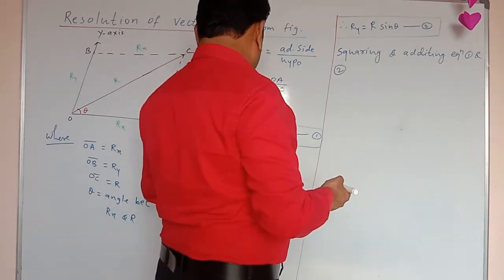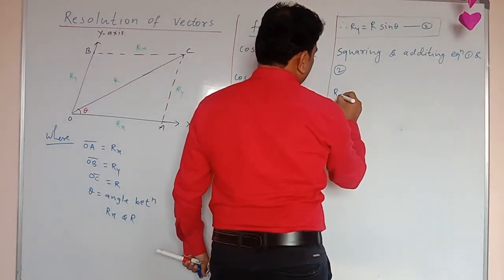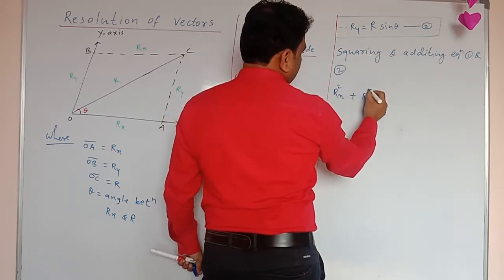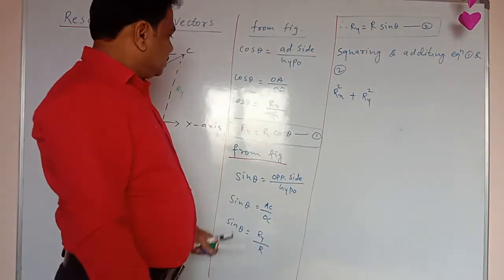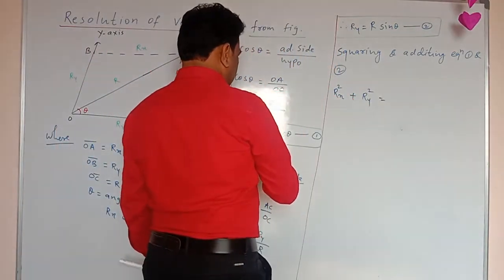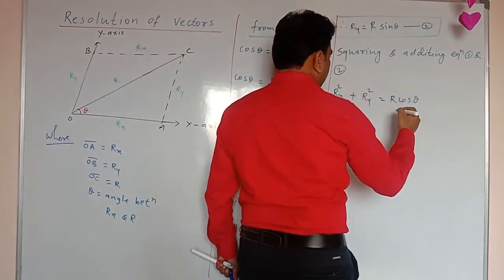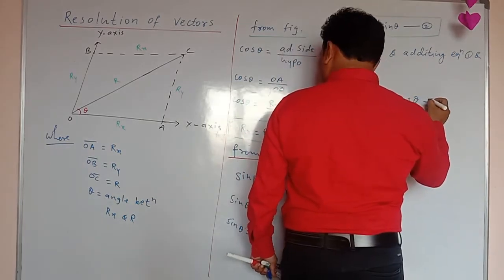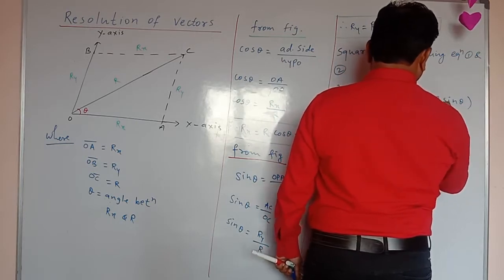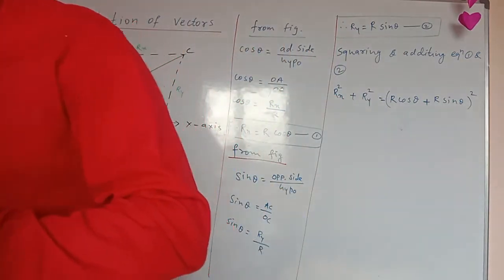So there is an addition, that is Rx plus Ry, but squaring also there. Okay. So Rx square plus Ry square. So what is the value of Rx square? The value of Rx square is equal to R cos theta, plus R sin theta, whole square, because this is the value of.